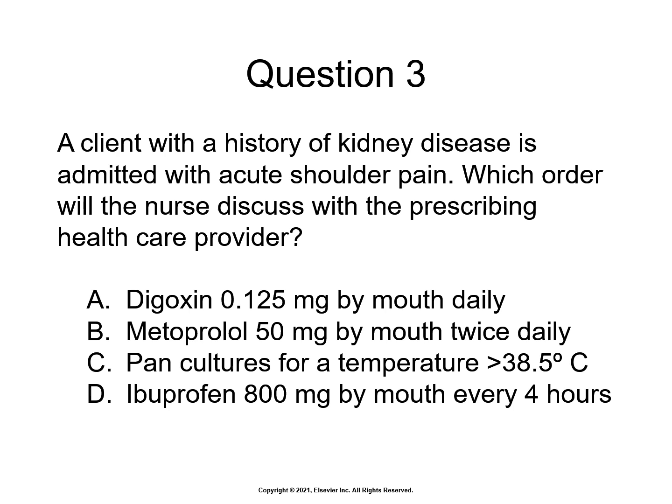Some of these orders are just arbitrary orders. It may be what the patient's on at home. But what are you going to question? Can kidney patients take ibuprofen? We've heard this before in other lectures, and the answer is no.